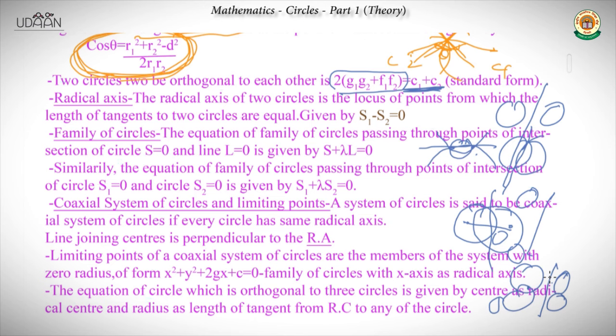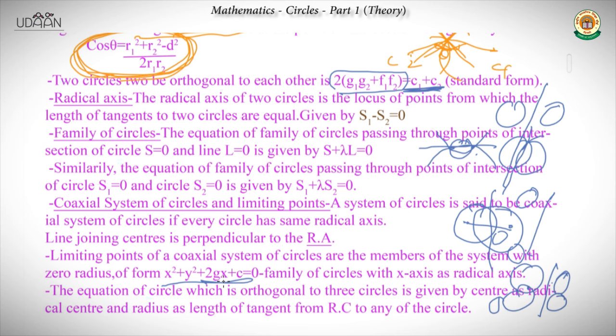Zero radius means they are points, and they are of the form x square plus y square plus 2gx plus c equals 0 when the x-axis is the radical axis. This is the important thing we should remember. Similarly, you can derive that if the radical axis is the y-axis, we get the form x square plus y square plus 2fy plus d equals 0.